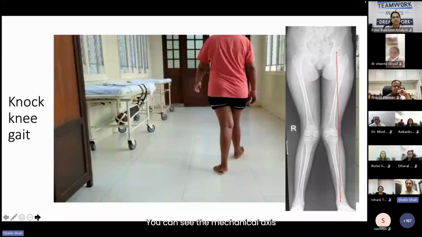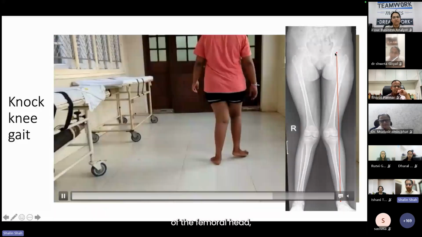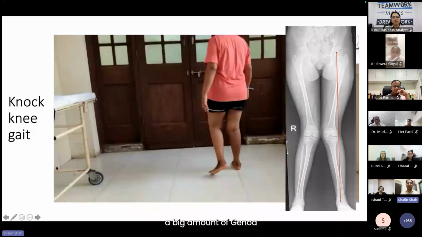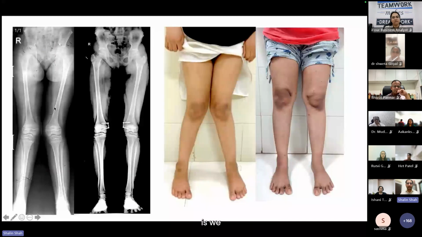You can see the mechanical axis goes from the center of the femoral head to the center of the ankle joint, and it goes right out of the knee joint itself, which suggests it's a big amount of genu valgum for an adolescent age group. And the way we treat them again is we find out the origin, whether it's coming from the proximal tibia or the distal femur. Usually the varus comes from the proximal tibia. Usually the distal femur is the origin of the valgus, which was the same in this case as well.